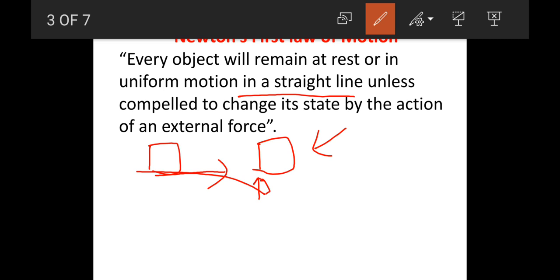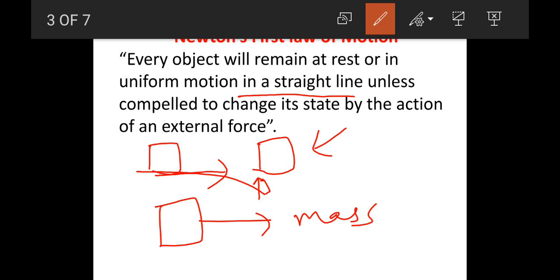Now this property of any object, ball, this box, or even any animal, a notebook, it will remain at rest or it will remain in motion. This property is because of its mass.